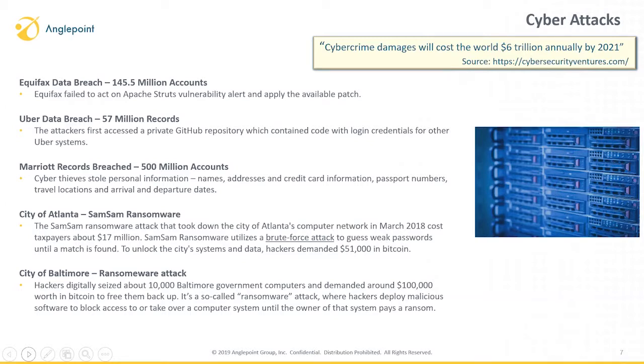Ransomware has always been one of the ongoing attacks. The City of Atlanta was attacked last year, and it took them about 17 million to build everything back, whereas the attackers had demanded about $51,000 in Bitcoin, which obviously was not the best thing to do.